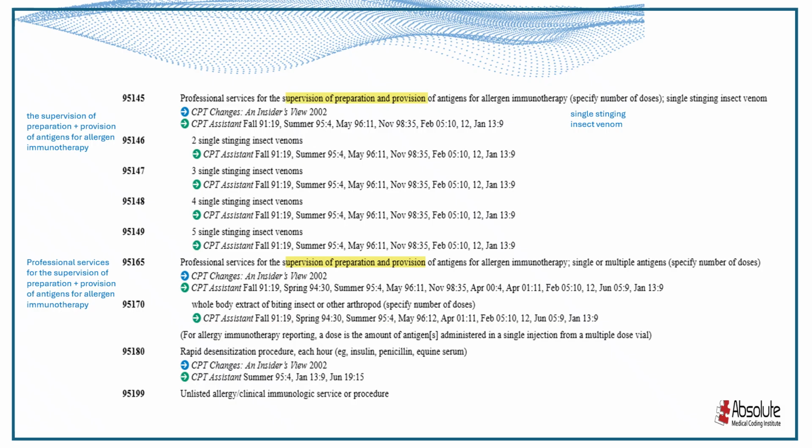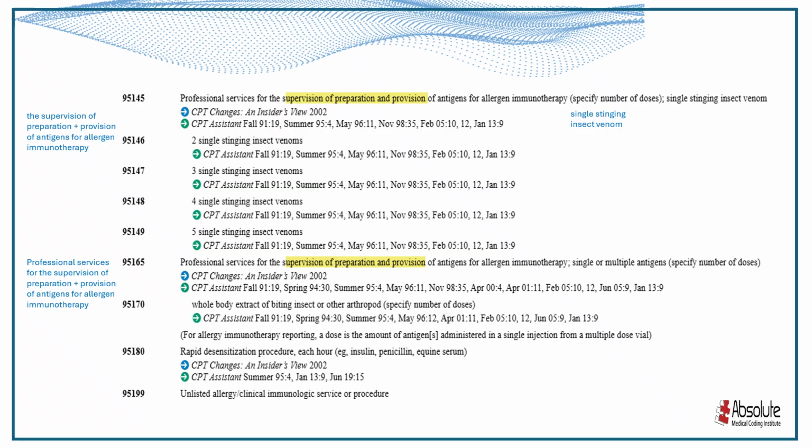Now, code series 95145 through 95170 is used for professional services for supervision of preparation and provision of antigen for allergen immunotherapy. It is very important to note that these codes include the preparation and provision only, and they do not include the administration of allergen immunotherapy.